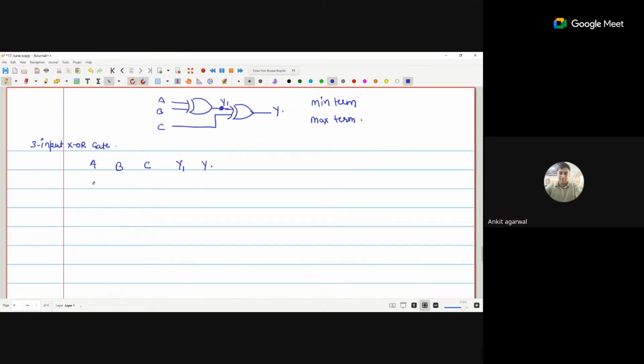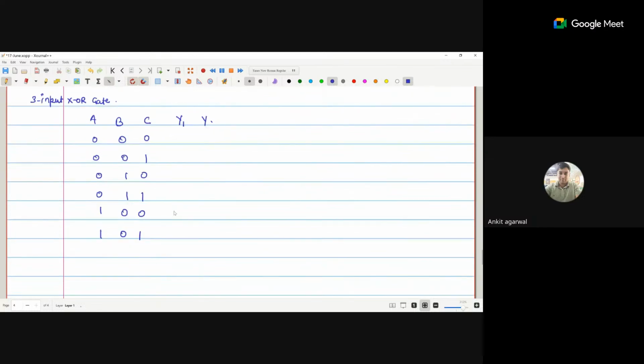Total 8 combinations: 0 0 0, 0 0 1, 0 1 0, 0 1 1, 1 0 0, 1 0 1, 1 1 0, and last is 1 1 1.